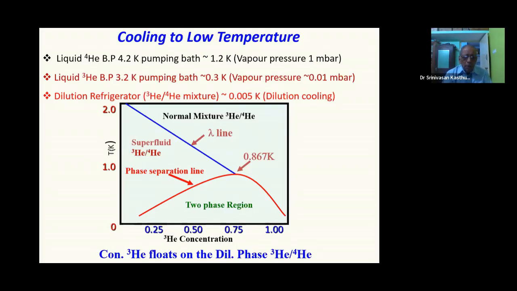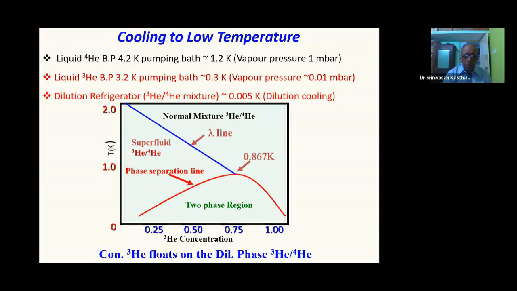Okay, what really happens in a dilution refrigeration system? If you take helium along with its mixture, a mixture of helium isotopes, helium-3 and helium-4, then depending on the temperature and pressure conditions, you have what is called phase separation. Suppose we take liquid helium-4, its boiling point is 4.2 Kelvin.